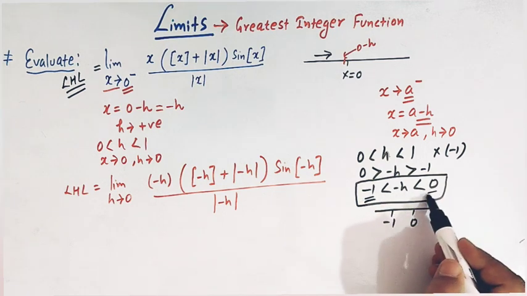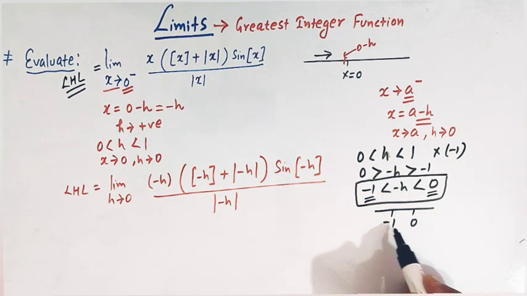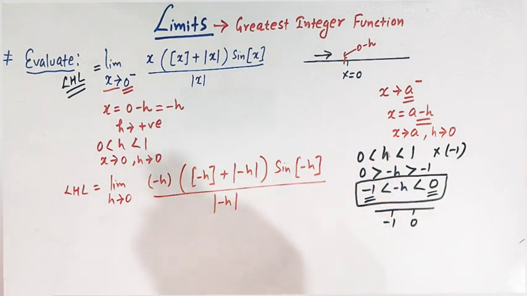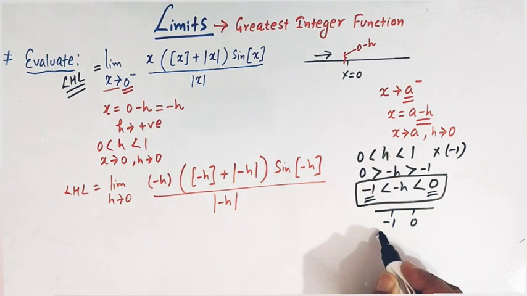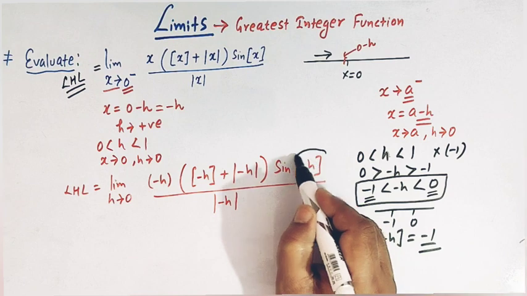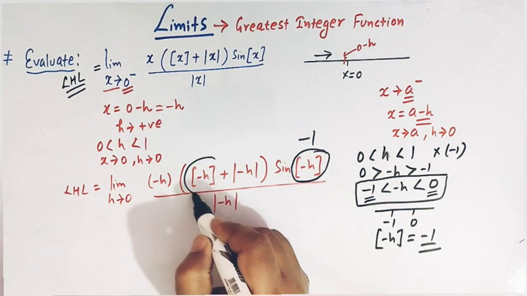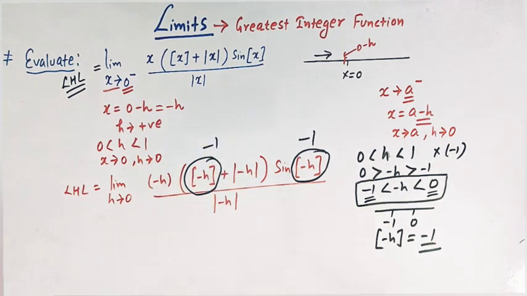This is minus 1 and this is 0. So minus h lies somewhere between minus 1 and 0. So by definition of the greatest integer function, the greatest integer of minus h must be equal to minus 1, right? So here this quantity must be replaced by minus 1, and here also we have minus 1, right?